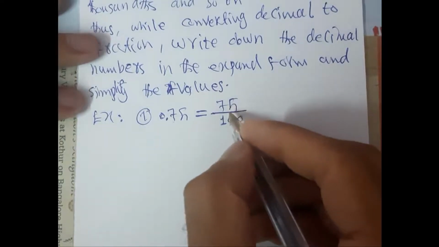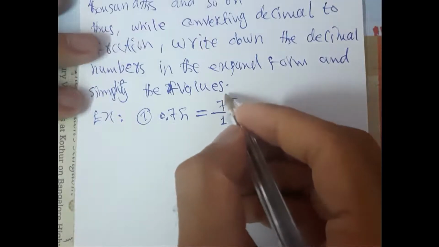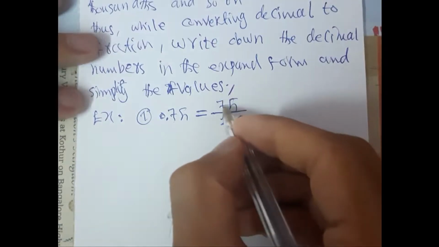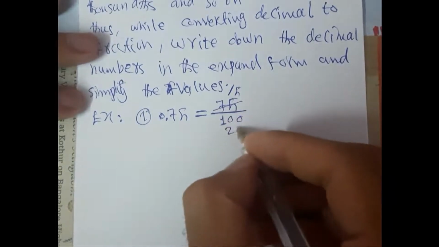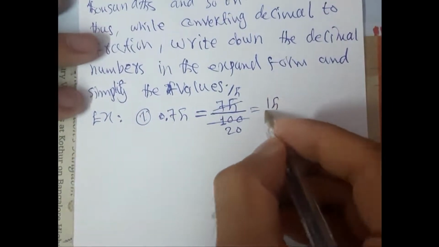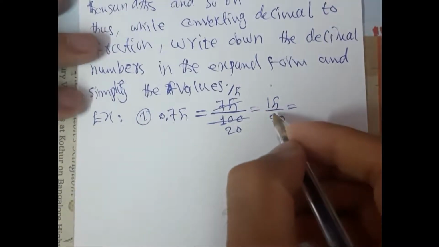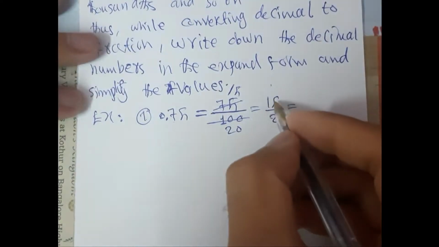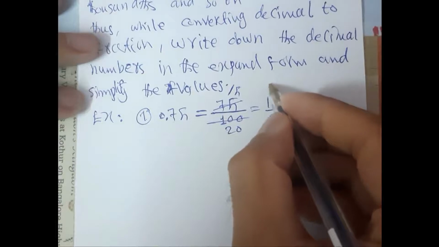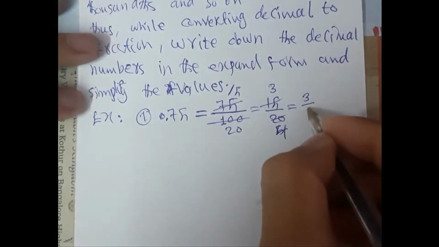It is divisible by 5. We divide by 5. 75 divided by 5 is 15, and 100 divided by 5 is 20. It is equal to 15 upon 20. 15 divided by 5, 3. 20 divided by 5, 4. It is equal to 3 by 4.